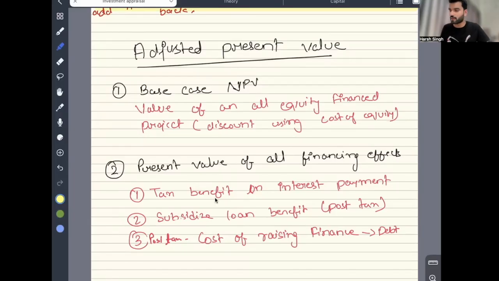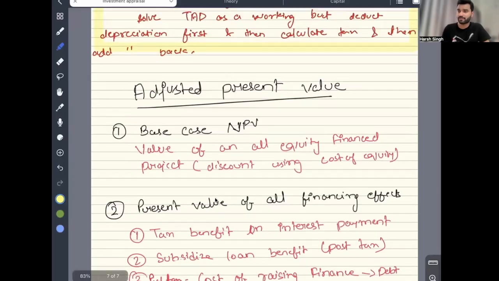Coming back to adjusted present value, what are the problems with the net present value, everyone? First of all, sometimes we invest in a project only because we are getting a subsidy. So when I talk about NPV, NPV does not consider this subsidy benefit that we are getting. That is one problem.